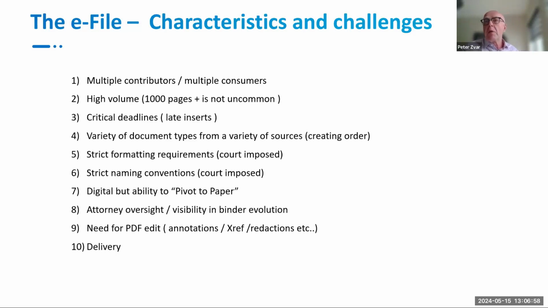I already alluded to high volume, 1,000 pages plus is not uncommon, i.e. gigabyte size binders at the end of the day. Critical deadlines, what happens when you have a binder being assembled over months and somebody rushes in with 20 documents, late insert, whenever all the pagination's been done, all the hyperlinking's been done. How do you address that? There are ways, and the technology does support that.